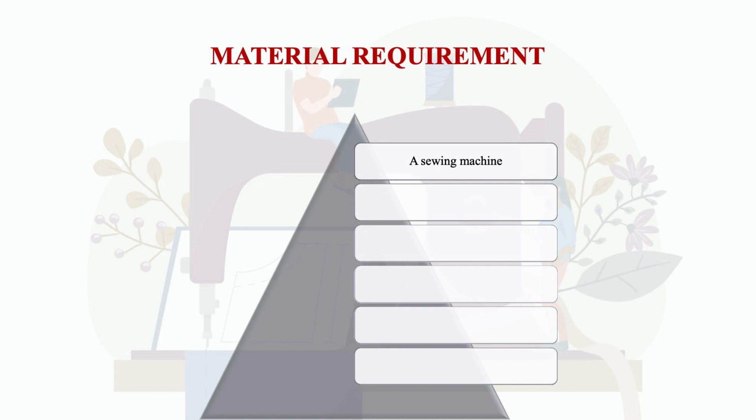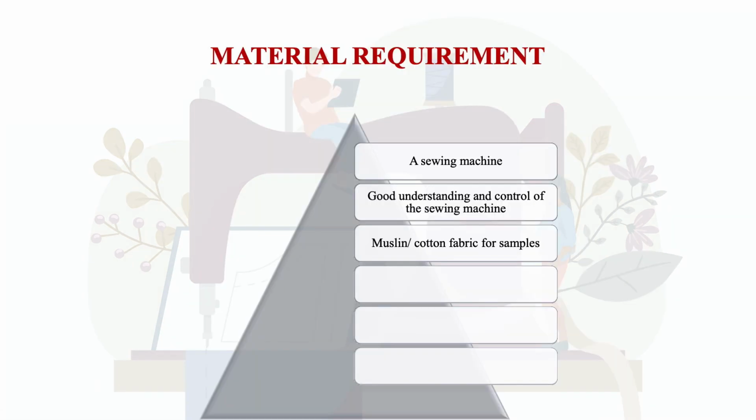Then we need a good understanding and control of the sewing machine, which comes after practicing on it. Good control of the sewing machine is very important. Then you need a cotton or muslin fabric for developing a sample. For beginners, we suggest using muslin or cotton cloth for developing a sample.